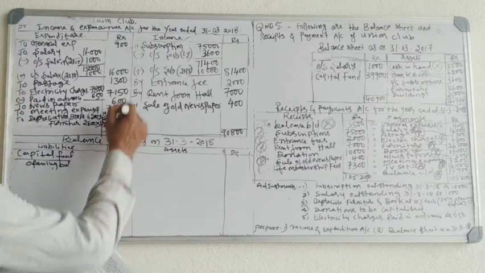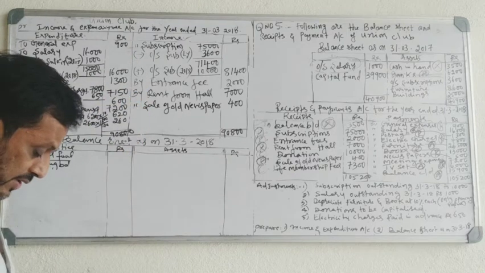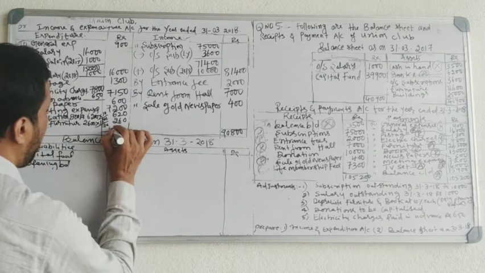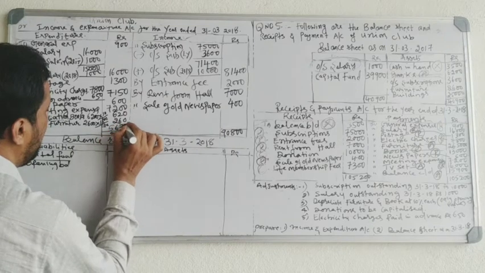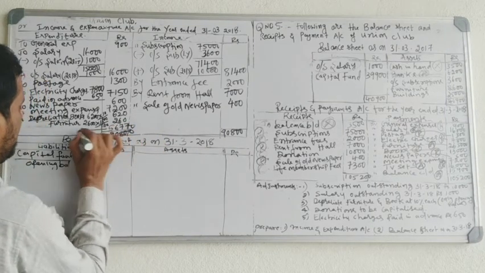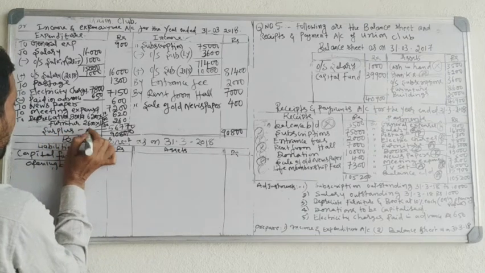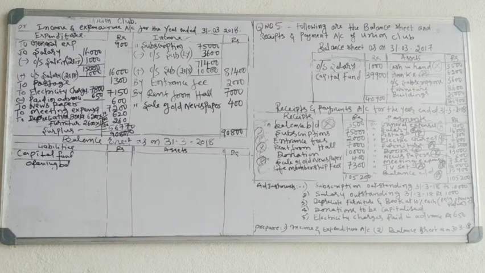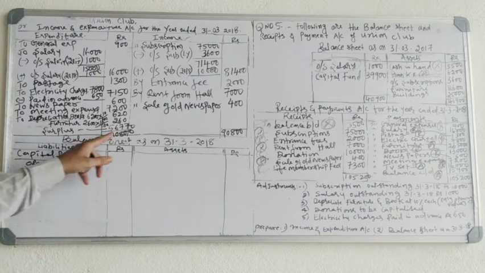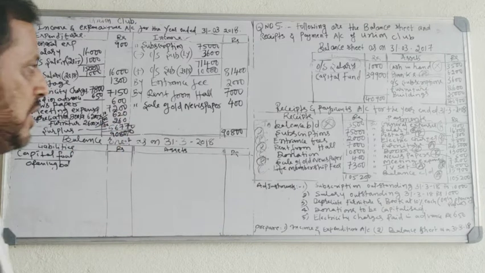If you deduct these expenses, then the balance is 56,770. This balance is taken as surplus. So surplus is how much? 56,770. So income and expenditure account is completed.